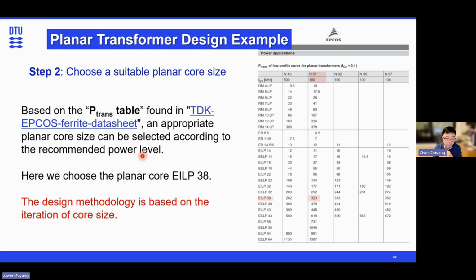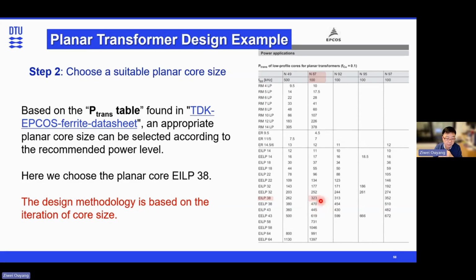I normally use the TDK data book from here. I also have a link for you. There is a table we call the power transformer table. From this table, we can see, for example, if we use N87 material at 100 kilohertz, then we can choose from those numbers, which are the power in watts.